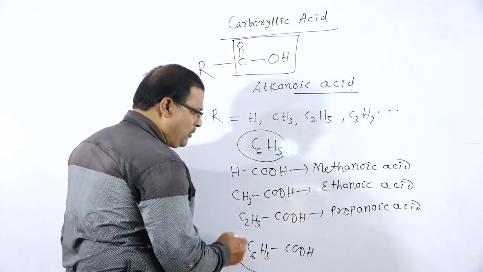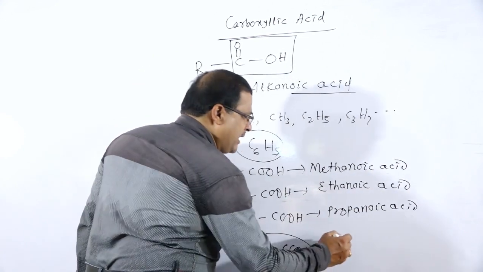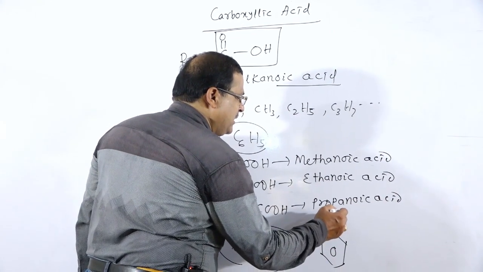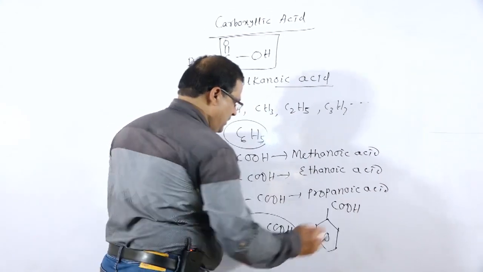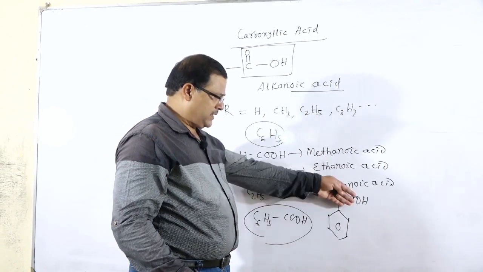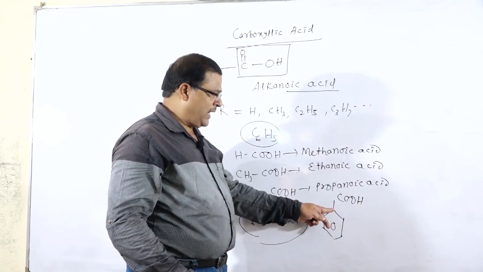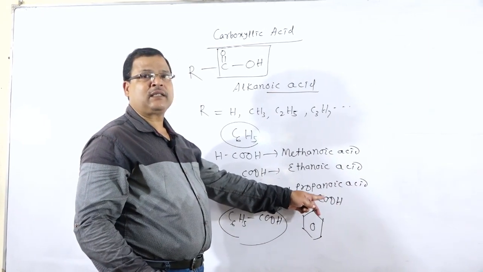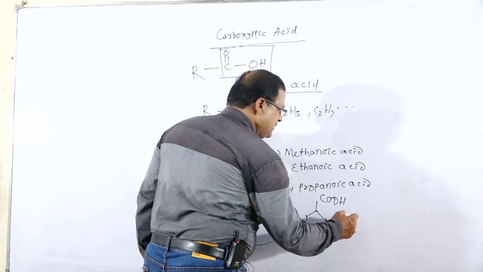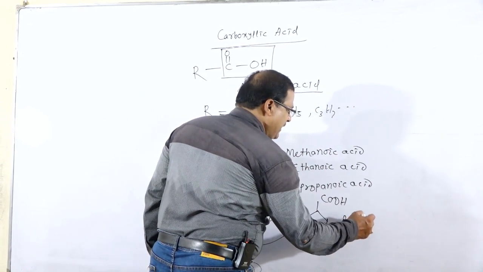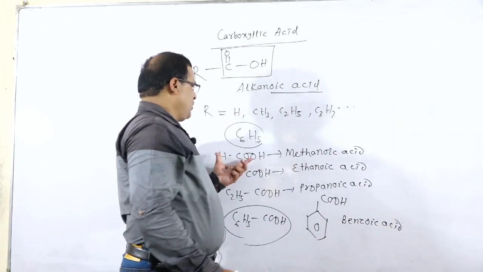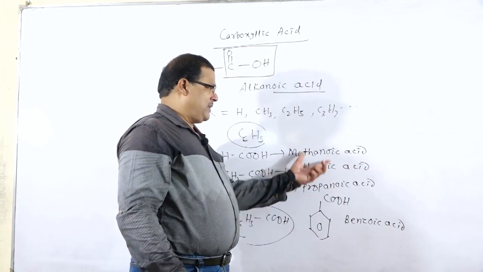And this is the aromatic acid that contains a benzene ring, C6H5. In benzene, C6H6, one hydrogen atom is replaced by the COOH group, therefore it is benzoic acid, an aromatic acid. These are the IUPAC names of these compounds.